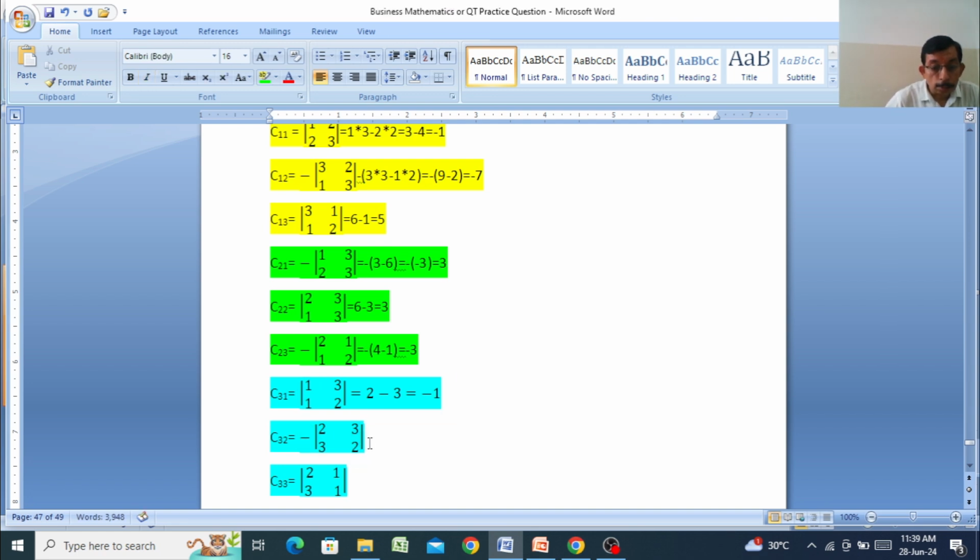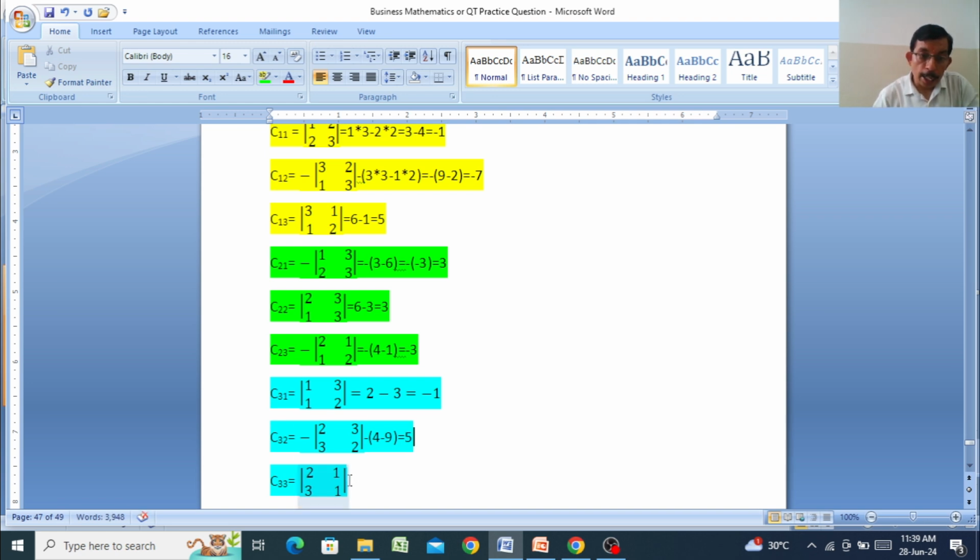Now C32: minus, 2 times 2 minus 3 times 3 times 3, 4 minus 9, is equal to plus 5.